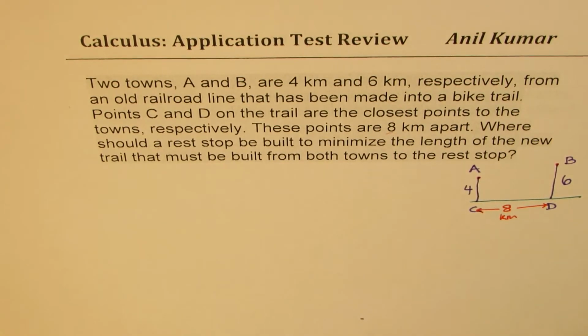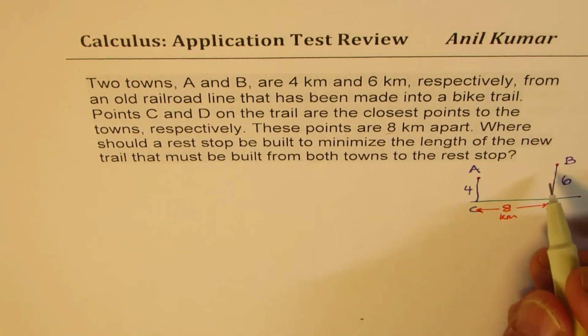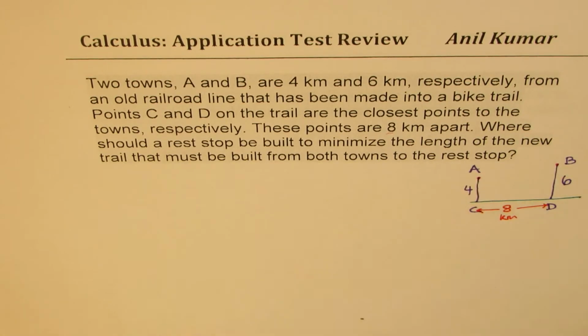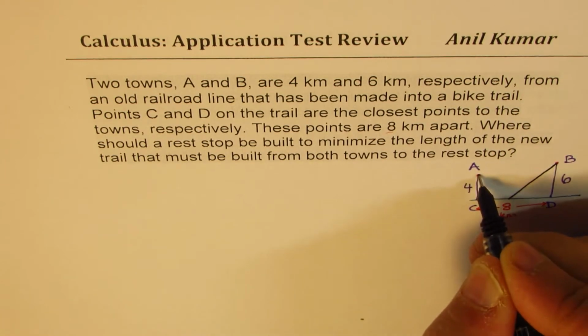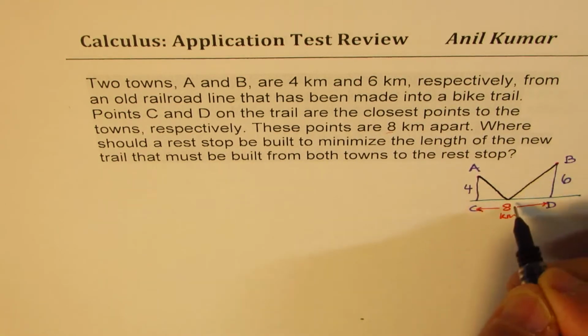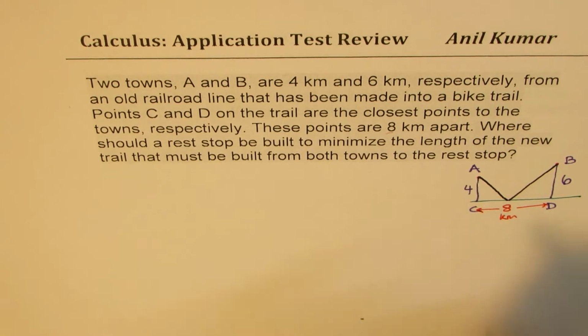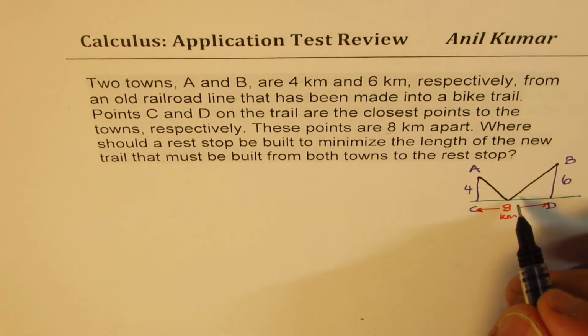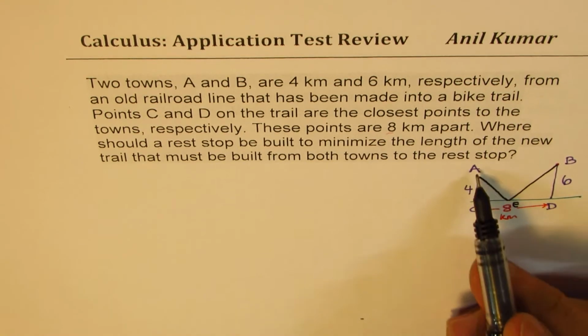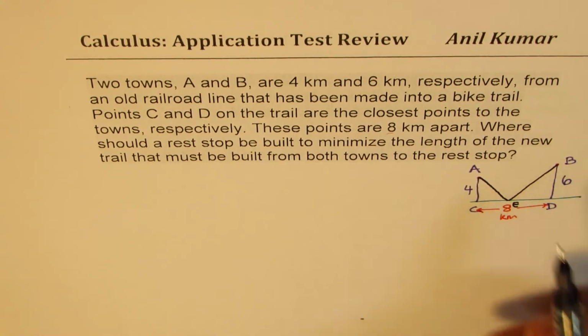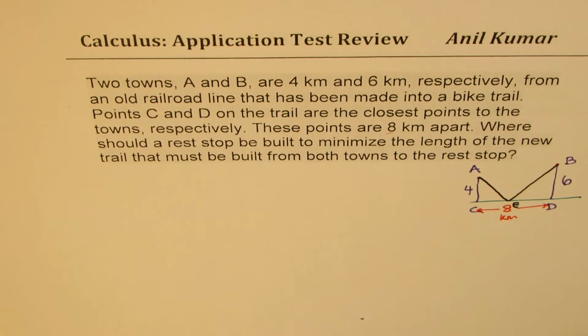What we need to do is to make a trail, let me use another color here. So let's say that's the trail, something like this. So that the cost of this trail is minimum, or the distance, let me call this point E, AE plus EB is minimum. That is the question for you. So I hope it is well understood.